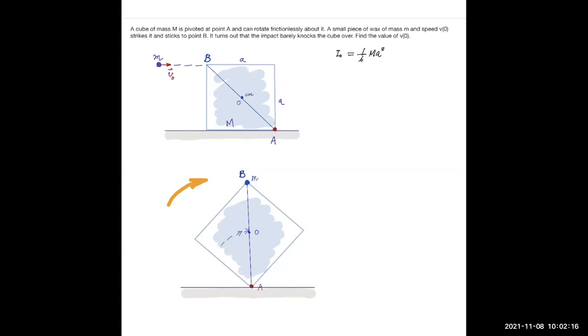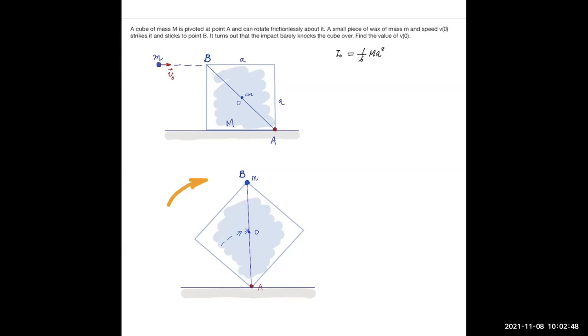We know the only external force during the collision is the supporting force at point A. But if we use point A as a reference point for the calculation of angular momentum, whatever force passes through point A exerts no torque. So you don't have any external torque for the collision, and you do satisfy the conservation of angular momentum. That's why we can apply the conservation of angular momentum to the collision process.